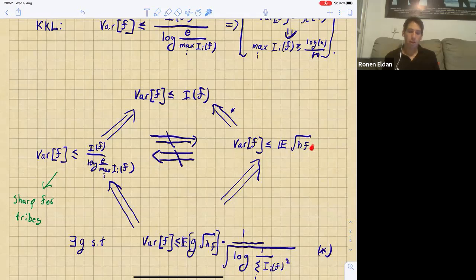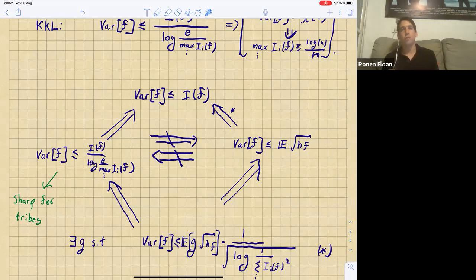This inequality, its first proof due to Talagrand was some kind of induction on coordinates, whereas this inequality, the KKL inequality, as well as the second inequality by Talagrand, the main component somehow in those proofs is the hypercontractive inequality.